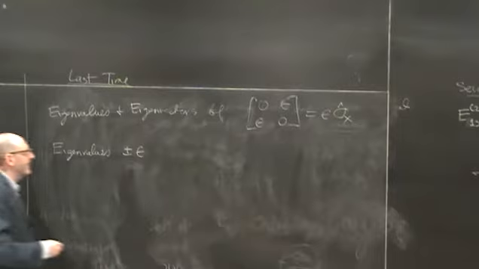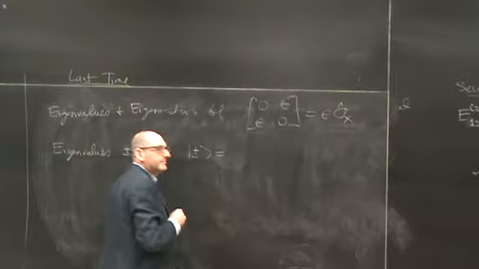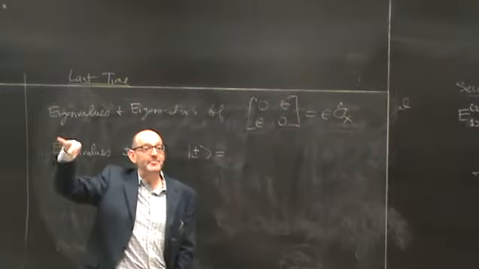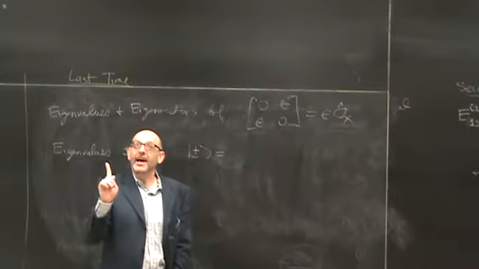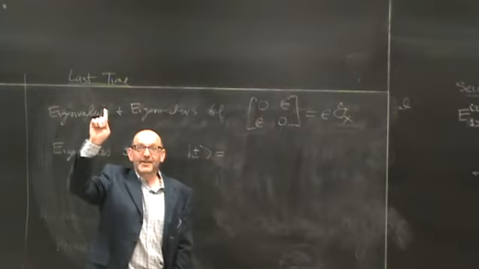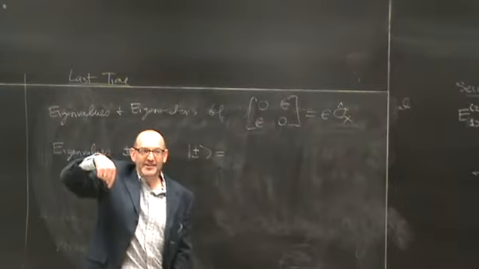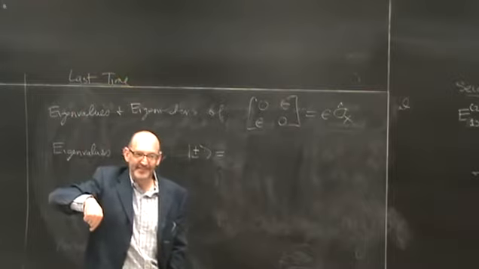And what are the eigenvectors? 2s plus 2p over root 2 and 2s minus 2p over root 2. Right, the symmetric and anti-symmetric combinations. It's like, remember, spin up along x is spin up along z plus spin down along z, and spin down along x is spin up along z minus spin down along z.